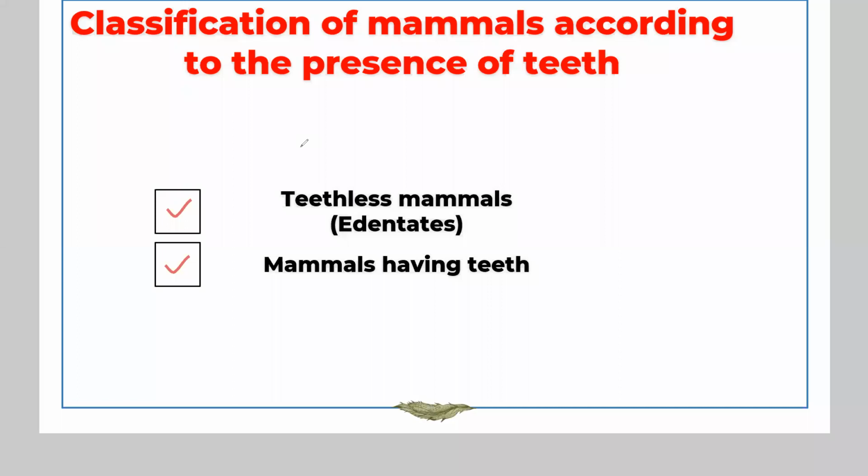Now we will learn the classification of mammals according to the presence of teeth. At first, we have teethless mammals, which means mammals with no teeth. They are called edentates. And we have mammals that have teeth. So one with no teeth and the other with teeth. Let's start.